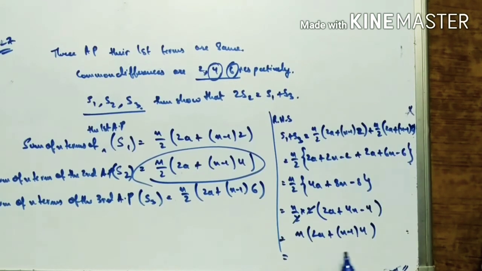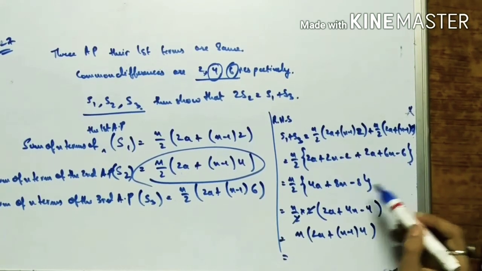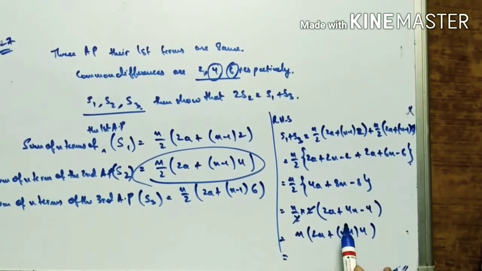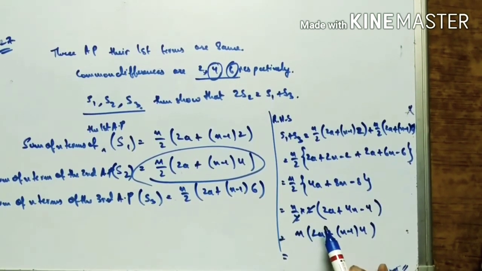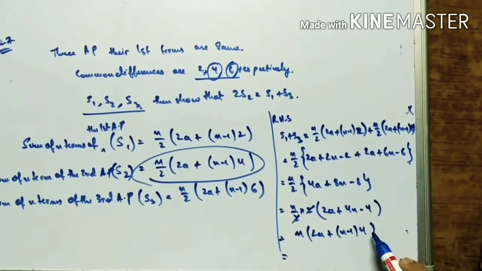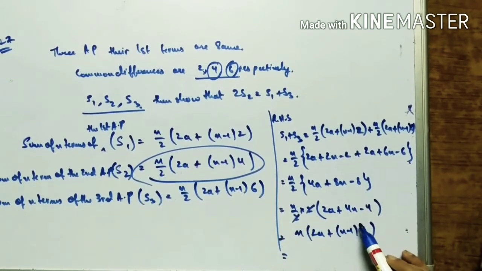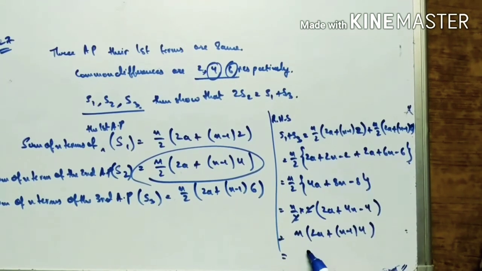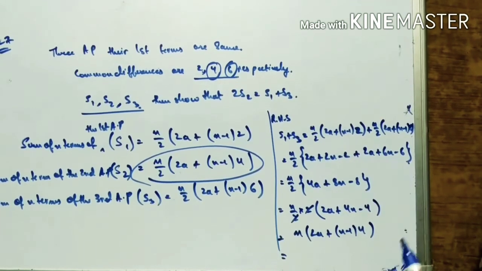What I have done: this is your 6n minus 6, and twice n plus 4n minus 4. So this one, 2 cancels, and I will get it. Okay, no problem, it is correct there.